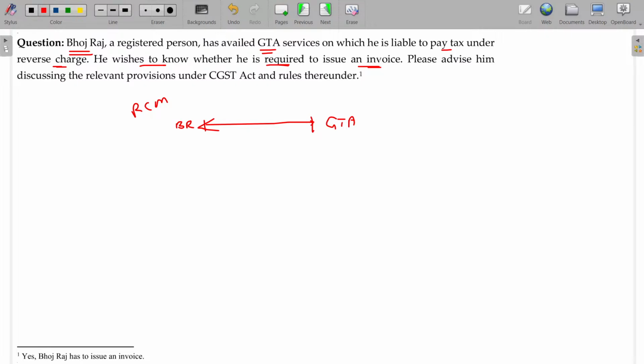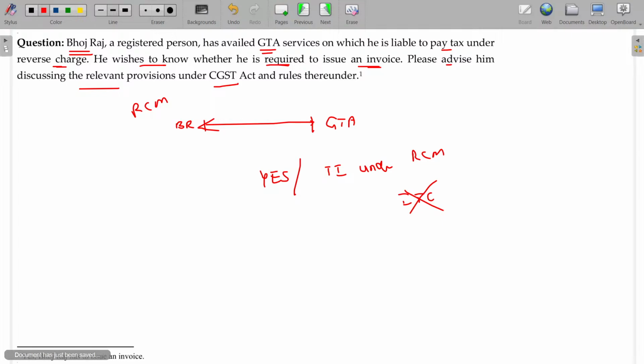Yes, he has to issue the invoice, otherwise he is not eligible for the ITC. For any services he gets, he himself issues the invoice, named as RCM basis invoice. Please advise him discussing the relevant provisions under CGST. Yes, he has to issue a tax invoice, stating this being RCM basis. Otherwise, he is not eligible for ITC.